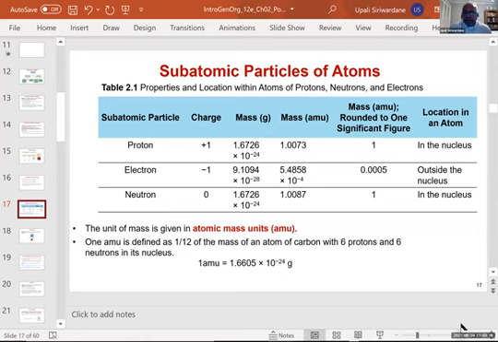They have subatomic particles. When Dalton came up with his atomic theory, he thought atoms are indivisible, the ultimate particle. That's what atomos means in Greek. But we found out that the atom has subatomic particles.